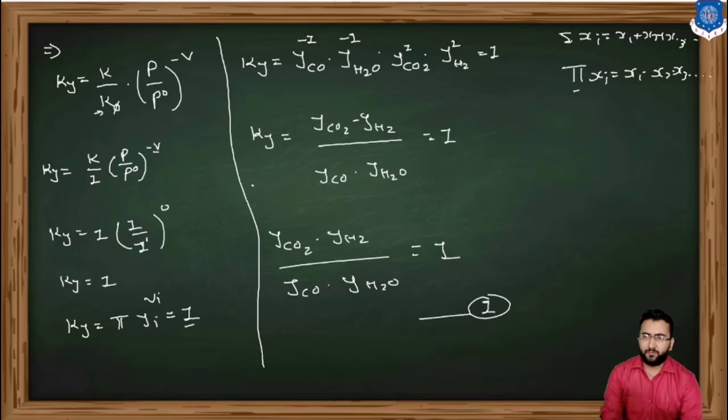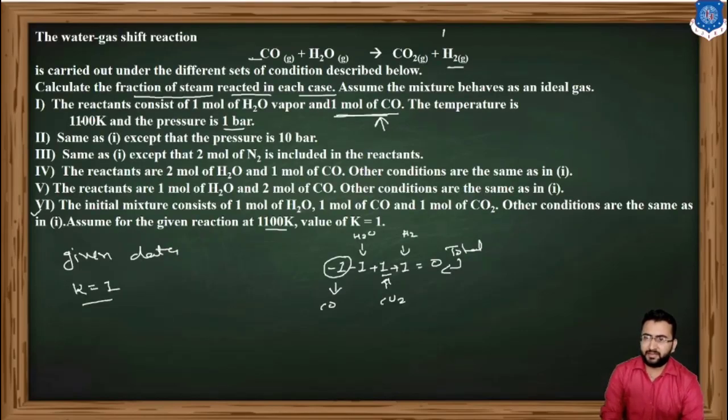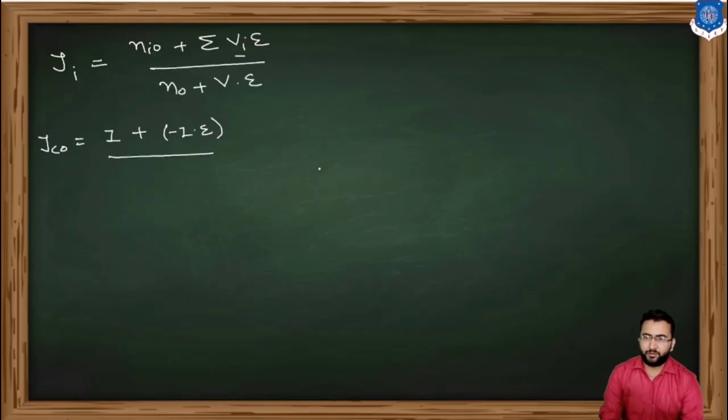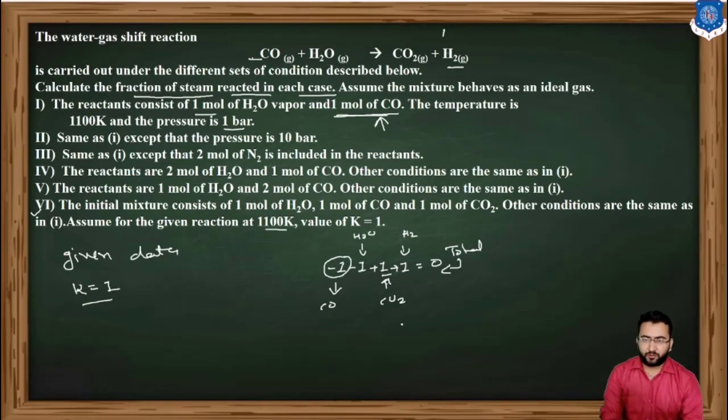Total number of moles in case 1 plus 1, so it becomes 2. So 2 plus the total stoichiometric number for the reaction, which is 0, because -1 plus -1 plus 1 plus 1 becomes 0.